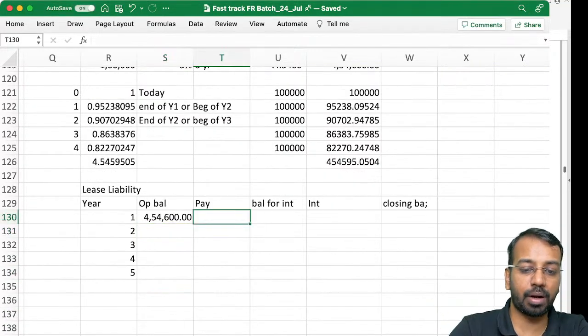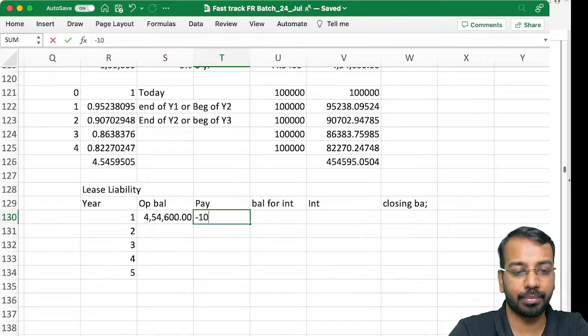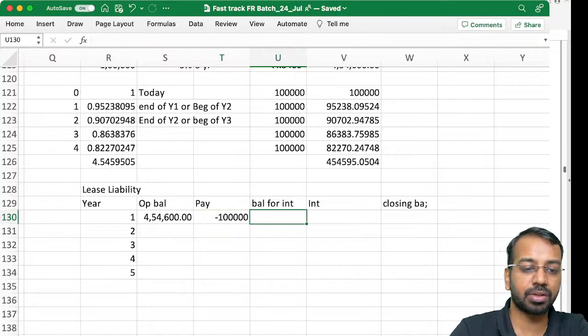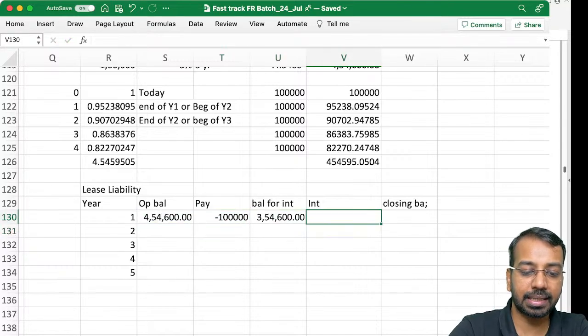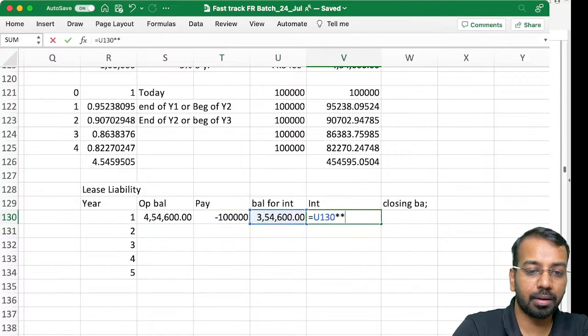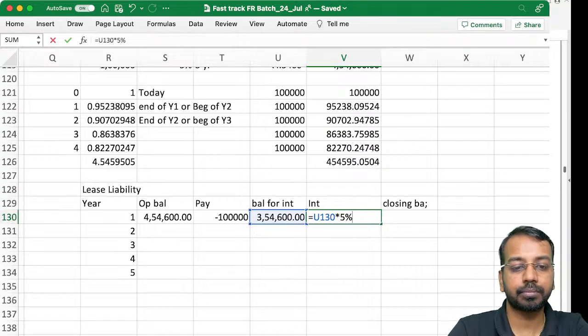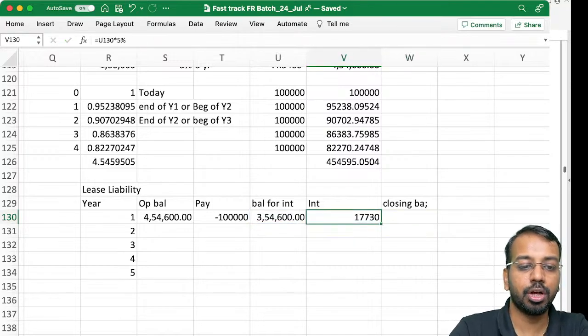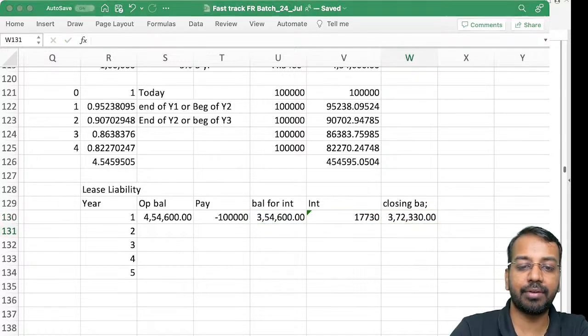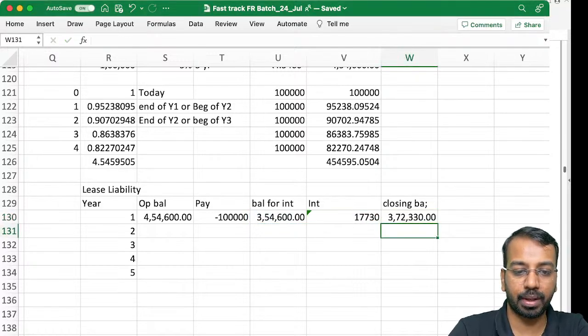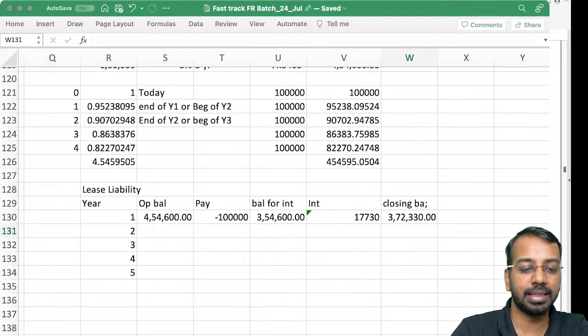First day itself I have paid 1 lakh. So 1 lakh as the payment. Now interest will be charged on 454 minus 1 lakh, which is 354. Interest at 5%, which is 17,730. Closing balance is 354 plus 17,730, 372,330. Okay, that is the closing balance of lease liability.